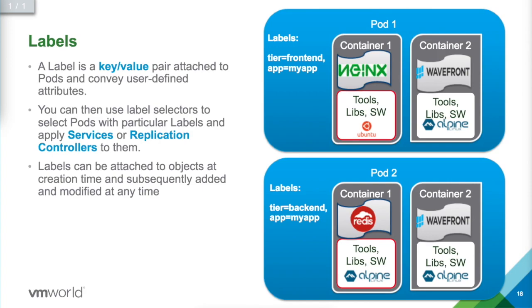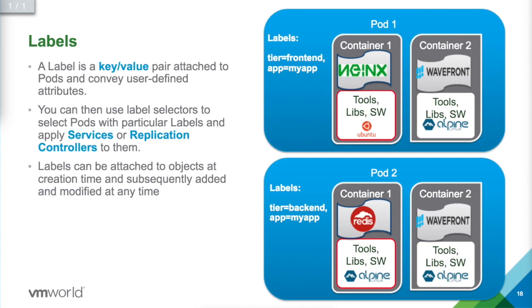The answer is you can use label selectors to select pods with particular labels and apply services or replication controllers to them. For instance, we can create a Kubernetes service object called frontend with label selector tier equal frontend.